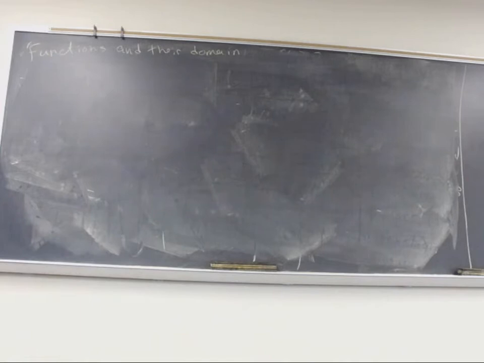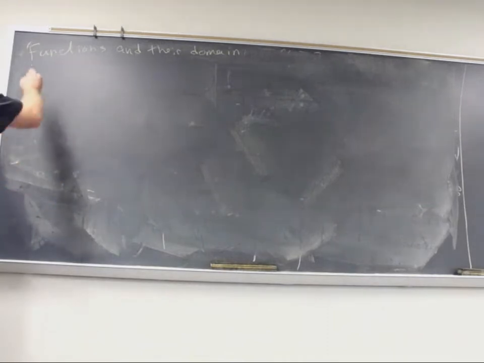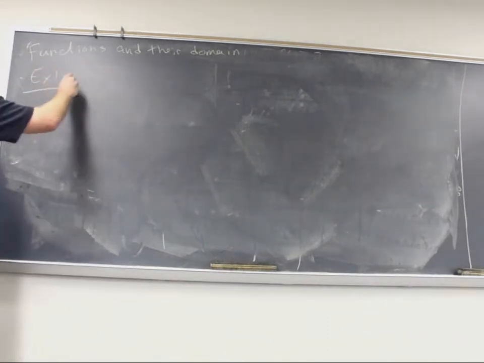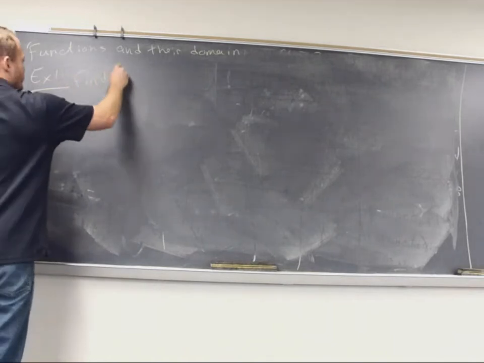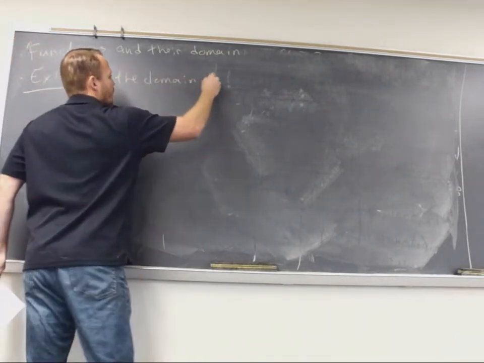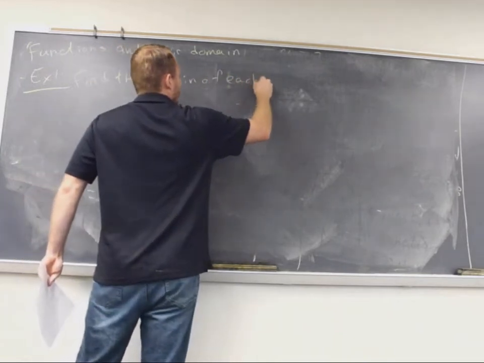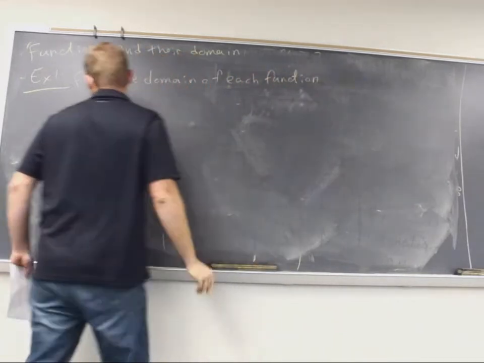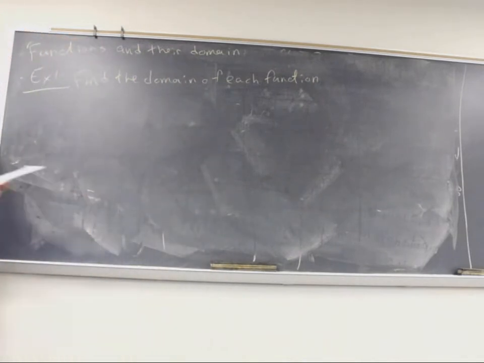So let's just jump right into an example. That's the best way to learn some of these. So let's get after it. Example 1. Find the domain of each function. All right.